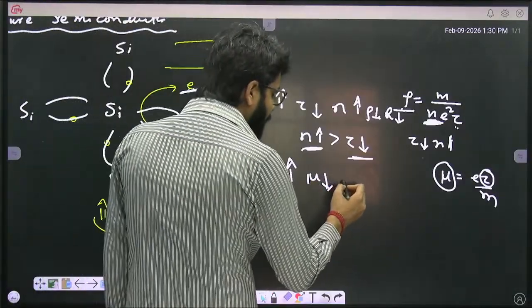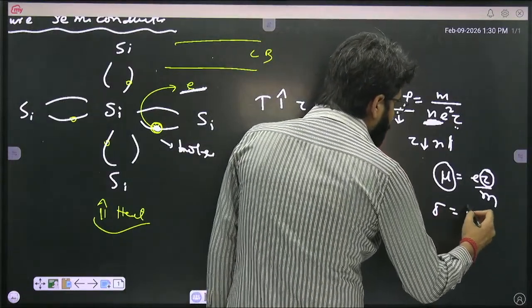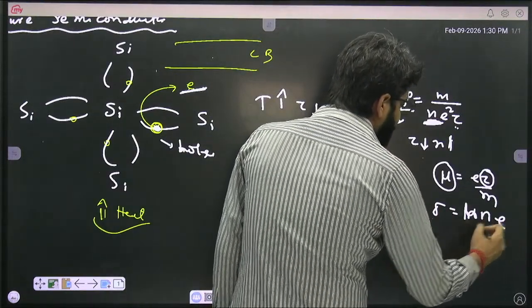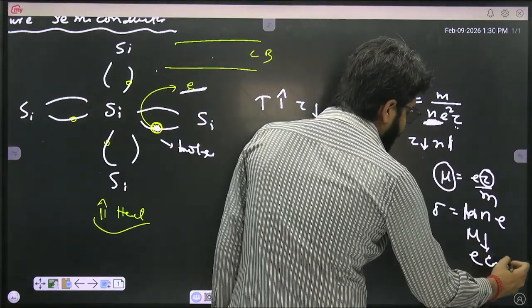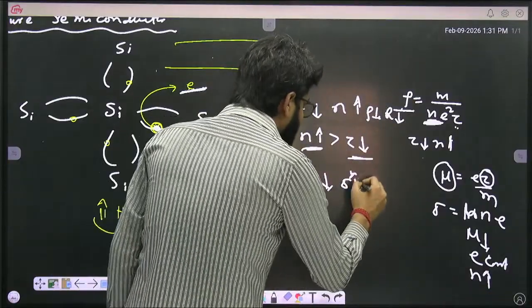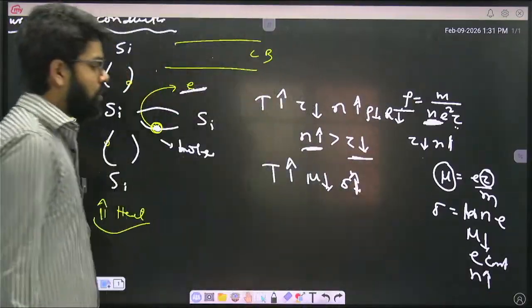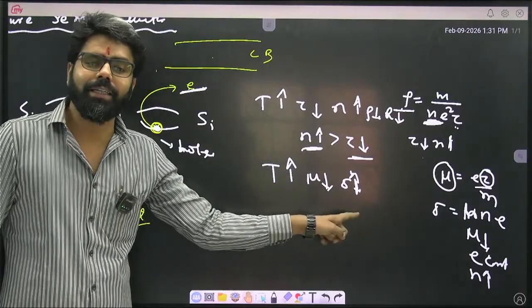What happens to the conductivity? Conductivity is mu Ne. Mu is decreasing, E is constant, but N is increasing. So conductivity also increases. We have seen that mobility decreases, but conductivity increases.